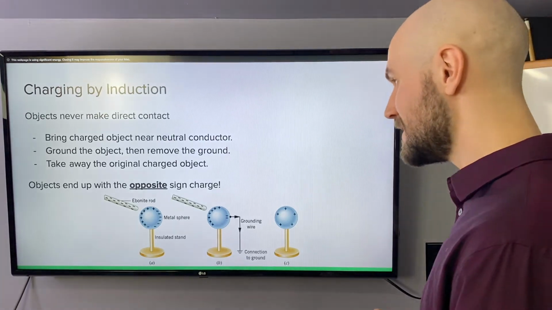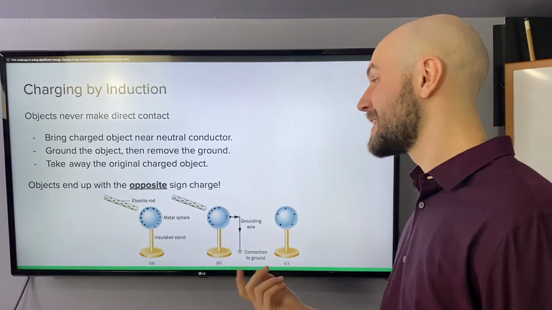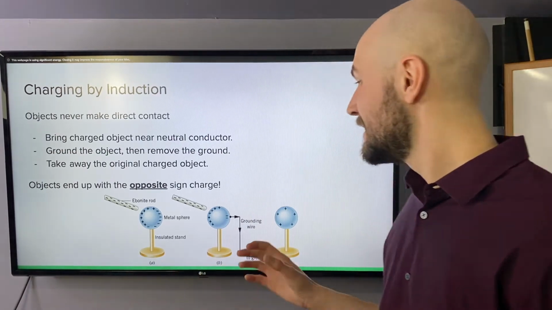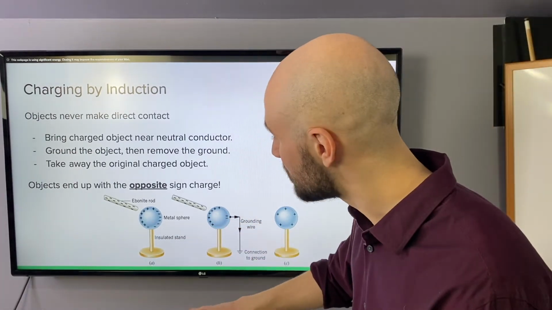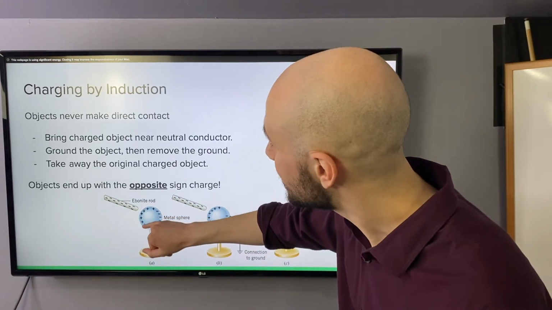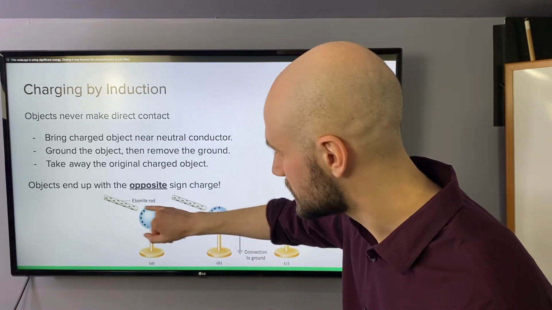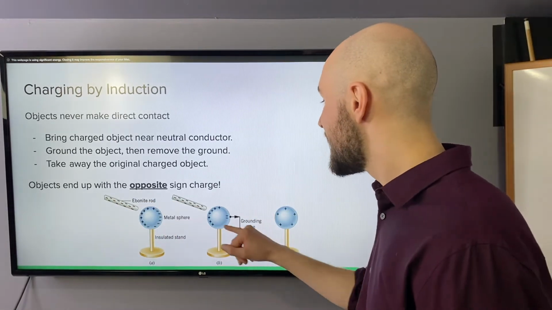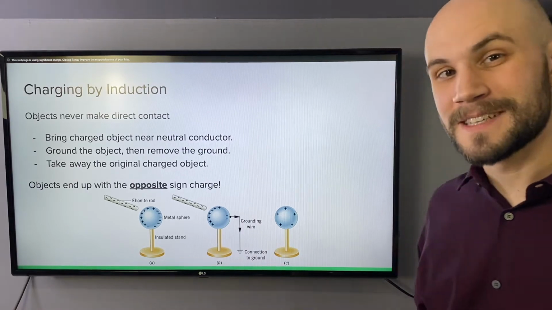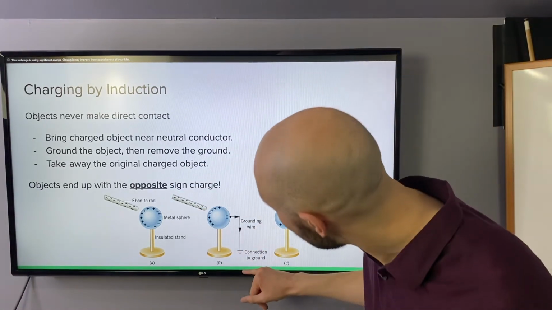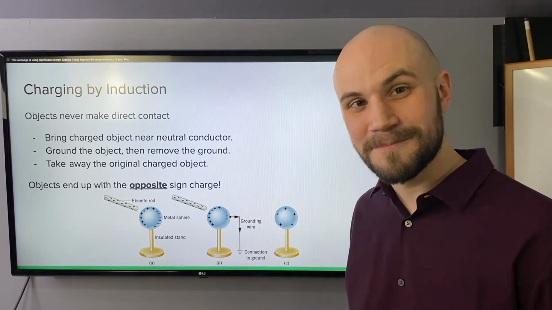Okay. Now what's the story if I bring in a positive object to our metal sphere? If I bring in a positive object to our metal sphere, the charges will polarize, but in the other direction. The negative charges will get closer to our positive object, and the positives will be left behind. But if we connect it to the ground and we have a positive object here, now the electrons on the ground say, hey, I want to get as close to that positive object as possible.